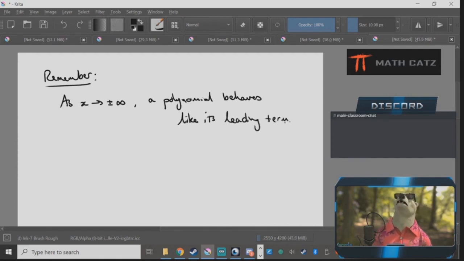That leading term eventually dominates the whole thing if I just go far enough to either side. That's the key property of polynomials.